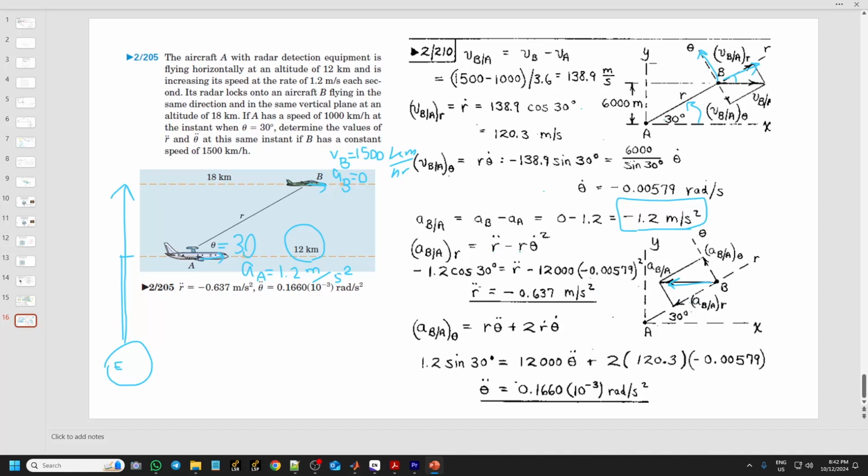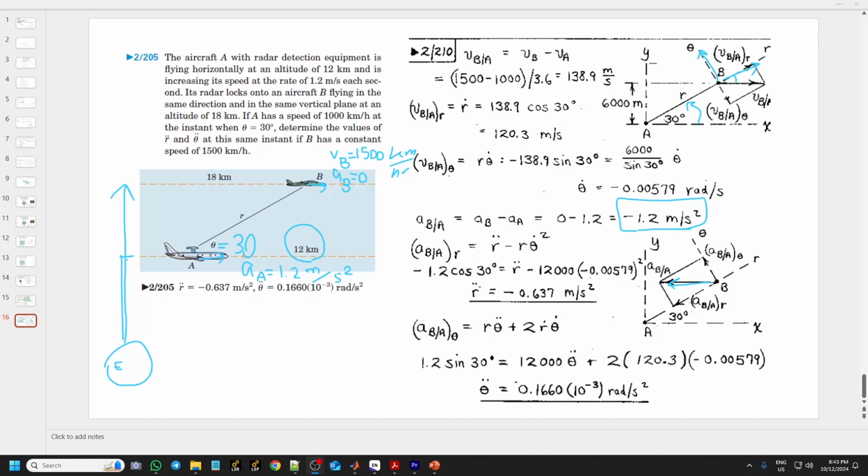So we just need to substitute the number r. We have the r. It says in the question r is 12 kilometers, or maybe I'm mistaken. Yeah, we have r here.